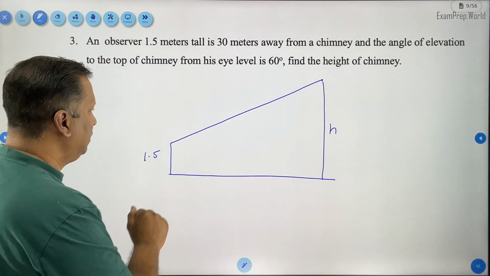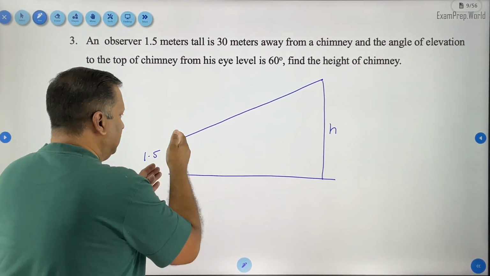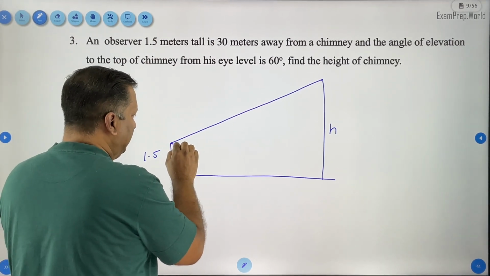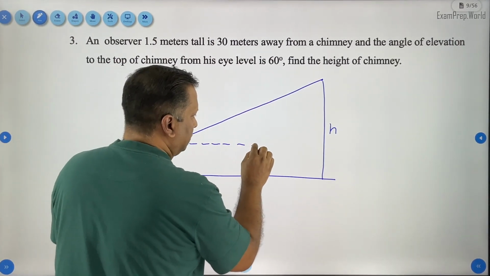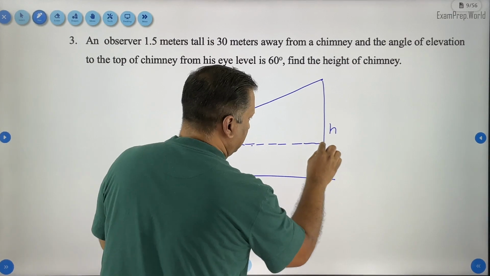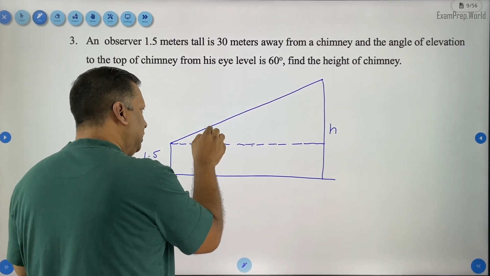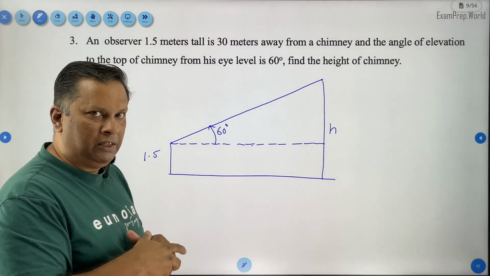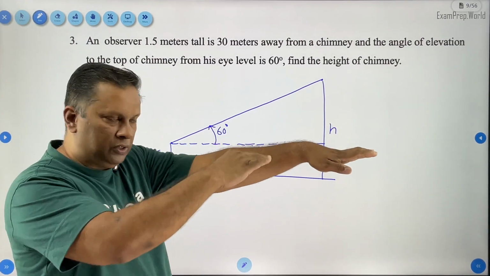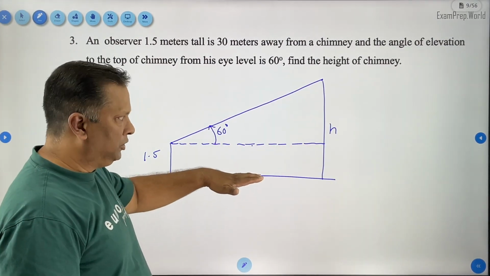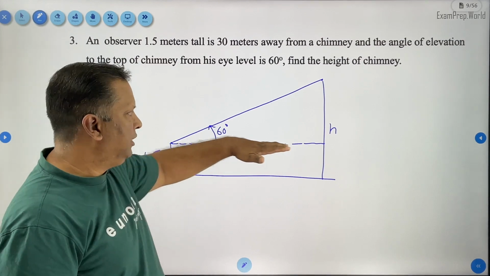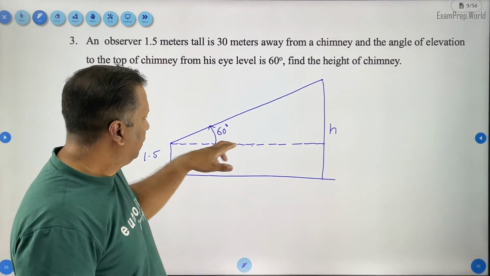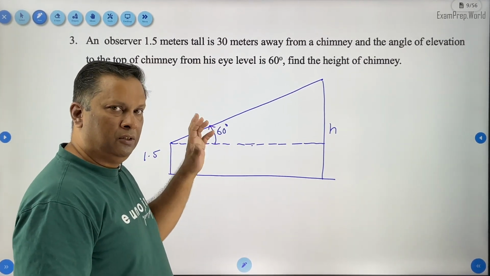Now the 60 degrees is from where? You have to draw a horizontal line here. This angle is 60 degrees, because the angle of elevation is always calculated from a horizontal surface. Because you don't have a surface here, you have to have an imaginary line from where it is 60 degrees.